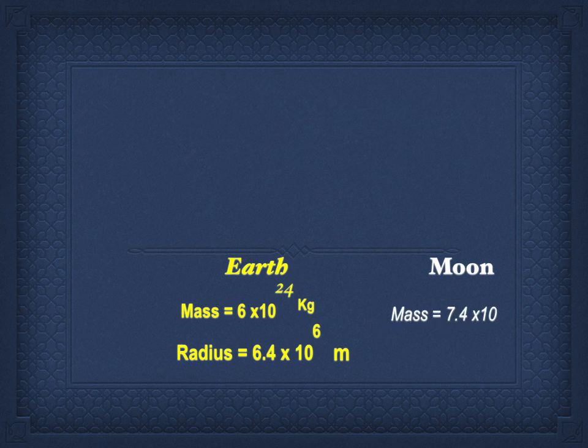Considering Moon, its mass is equal to 7.4 multiplied by 10 raised to 22 kg. Radius is equal to 1.74 multiplied by 10 raised to 6 meter. Hence, according to the equation G equal to GM upon R square, the values of g on their surfaces are different as we have discussed.